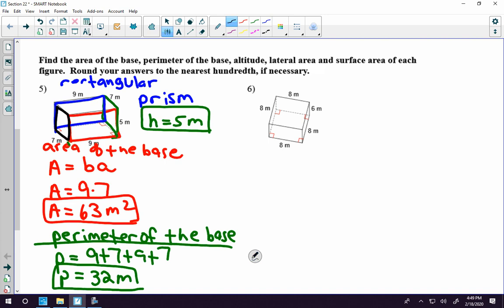So the red rectangle in front, the blue rectangle in back, the green rectangle on the right, and the black rectangle on the left, and then adding all those areas up will give us the lateral area of this rectangular prism, or area around this.